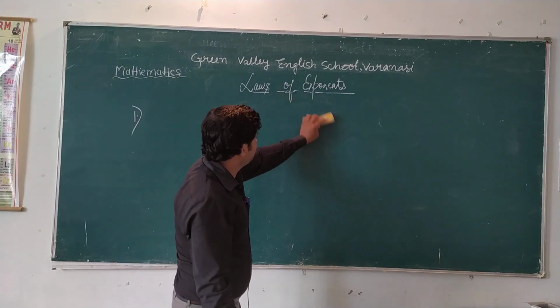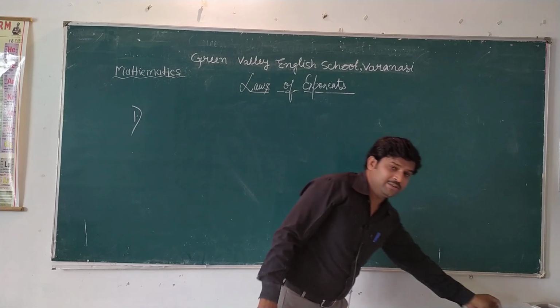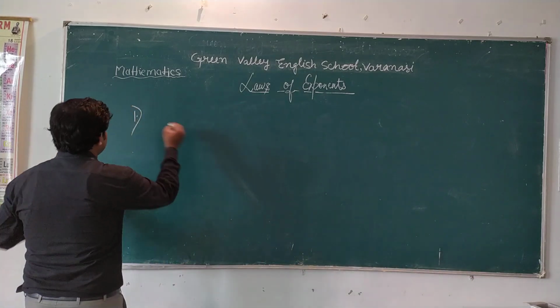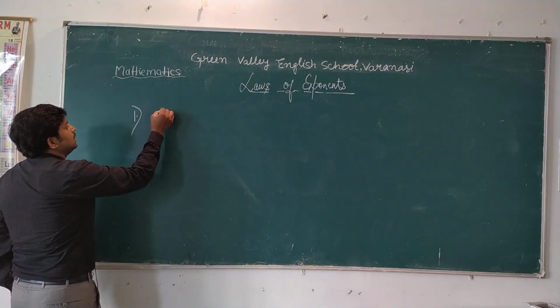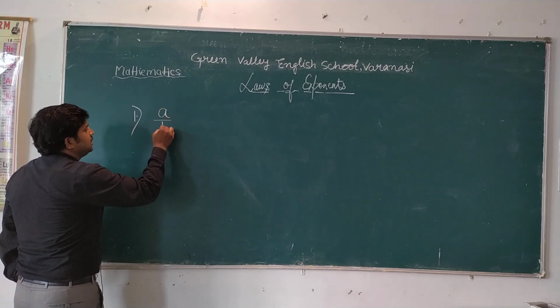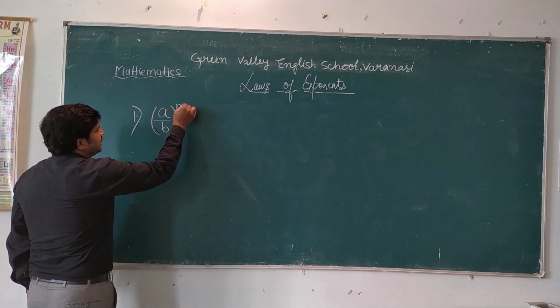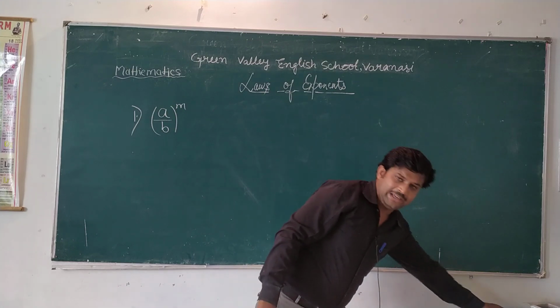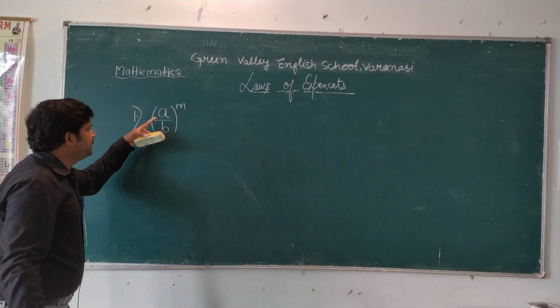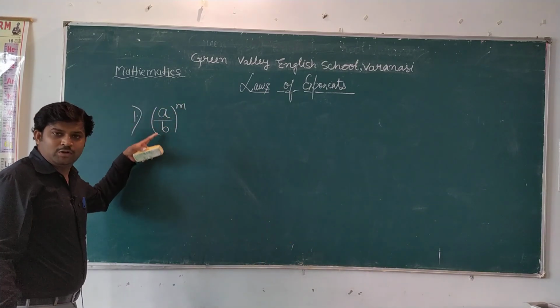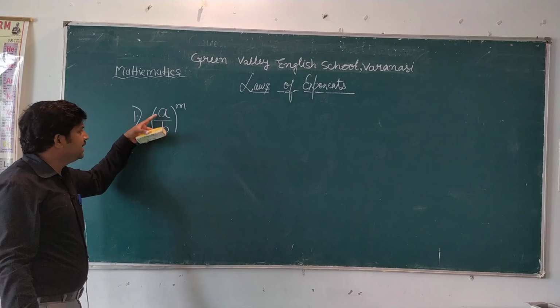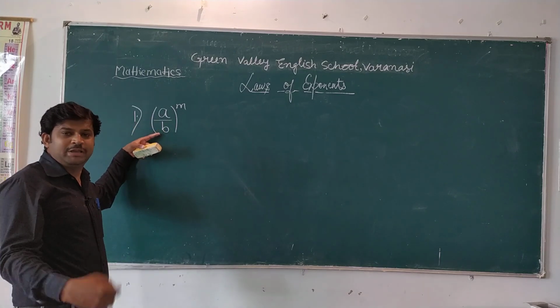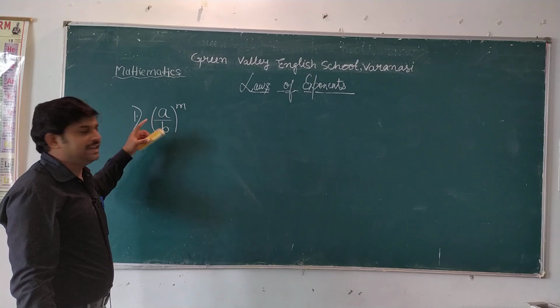Now we can see it in the form of rational numbers. Here we write (a/b)^m. a/b is a rational number, because a/b is in the form of p/q, where both are integers.